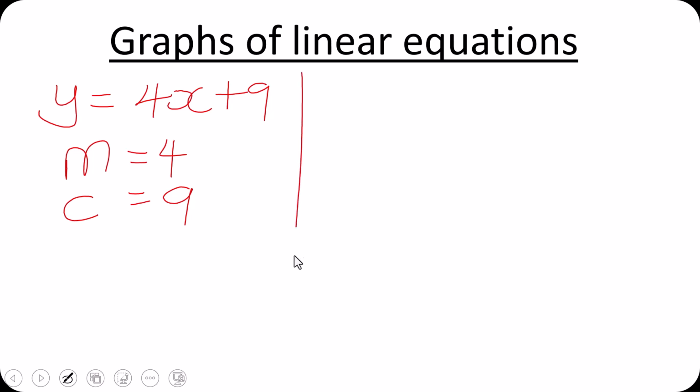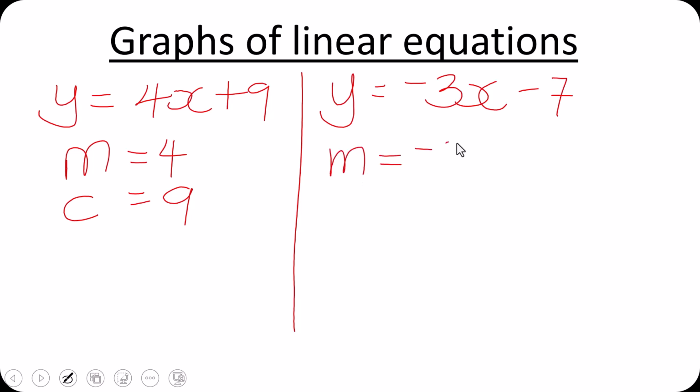If we have, for example, y is equal to negative 3x minus 7, think about your gradient and your y-intercept. The gradient in this case is going to equal negative 3, and our c, which is the y-intercept, is going to equal negative 7.